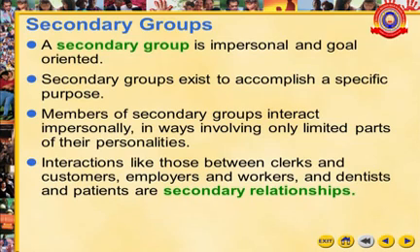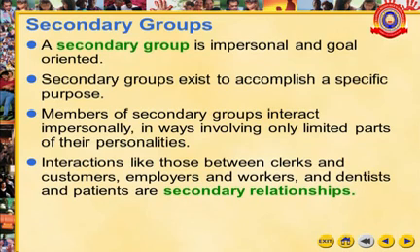Then secondary social groups. A secondary group is impersonal and goal oriented. Secondary groups exist to accomplish a specific purpose. Members of secondary groups interact impersonally in ways involving only limited parts of their personalities.